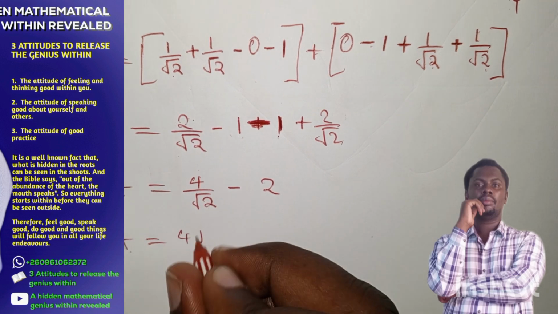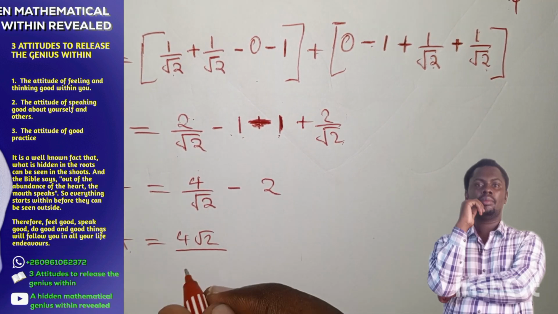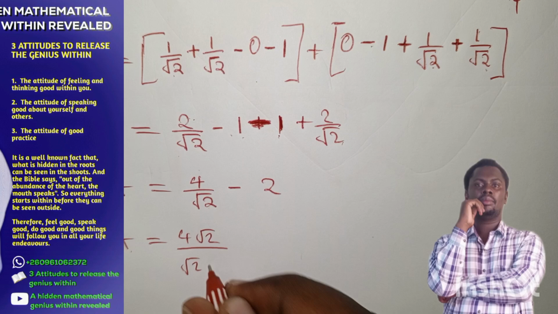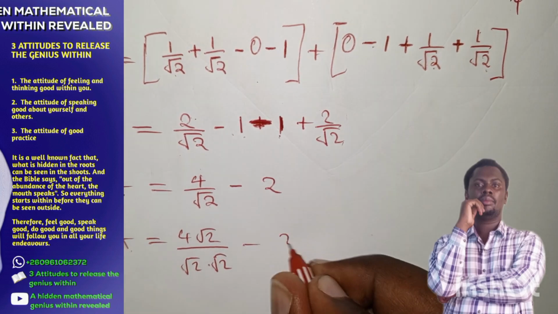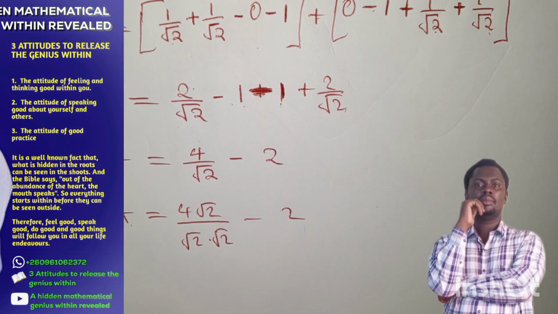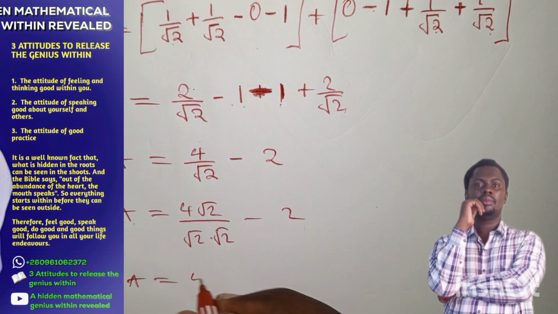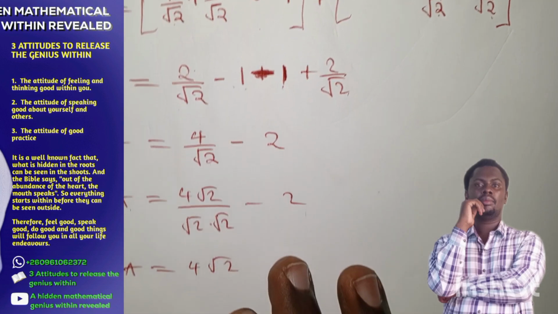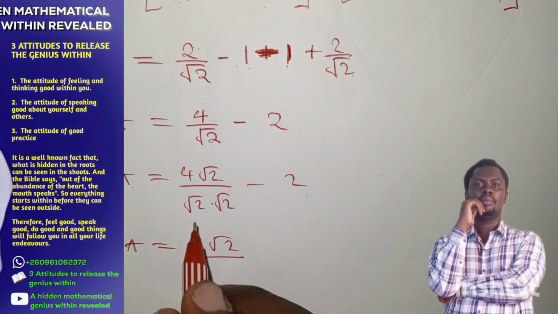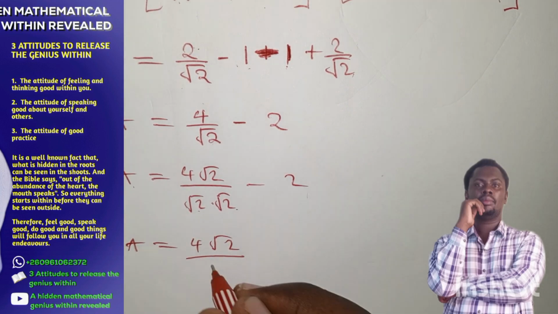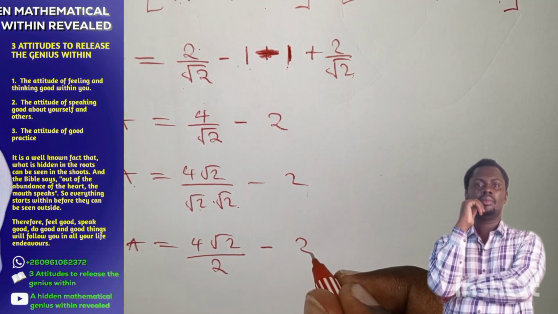So we're going to have 4 square root of 2 over square root of 2 multiplied by square root of 2, then minus 2 here. So we are going to have area is equal to 4 square root of 2 over square root of 2 multiplied by square root of 2 is just 2, then minus 2.